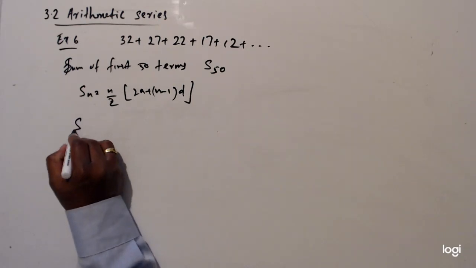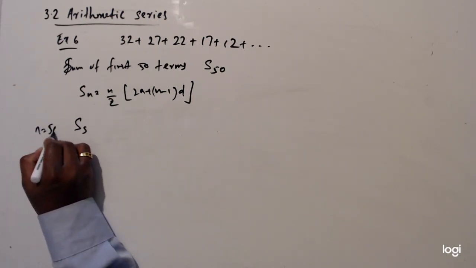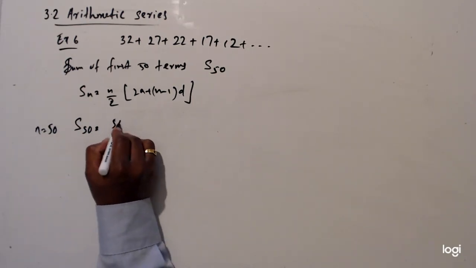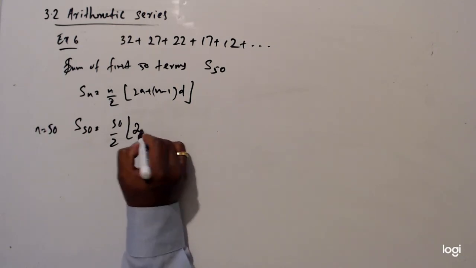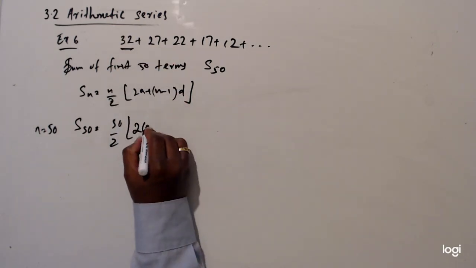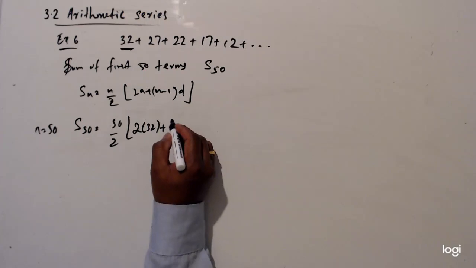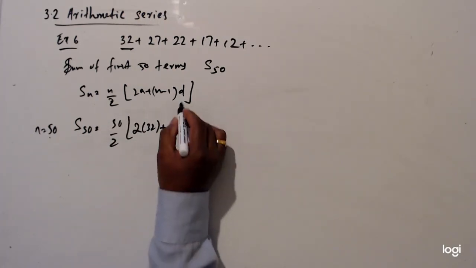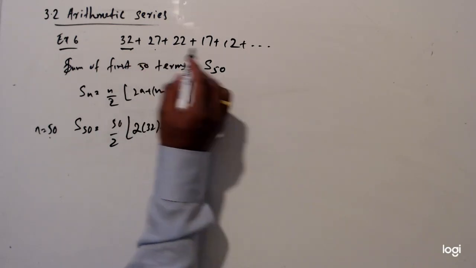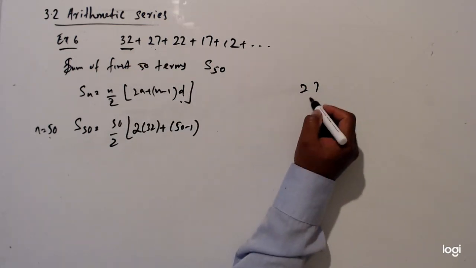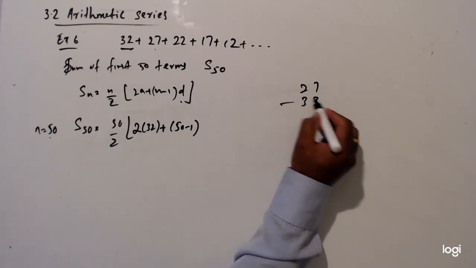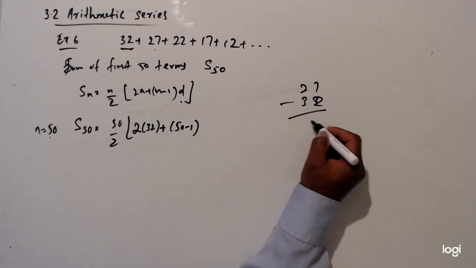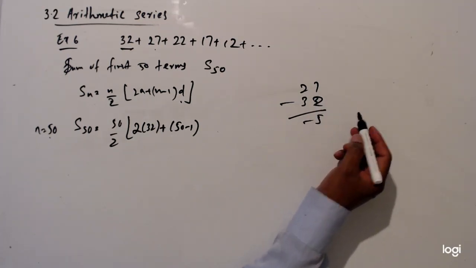So n equals 50, S50 equals 50 divided by 2, 2a is 64, plus n minus 1 is 49, times d, which is 27 minus 32, so that is going to be minus 5.